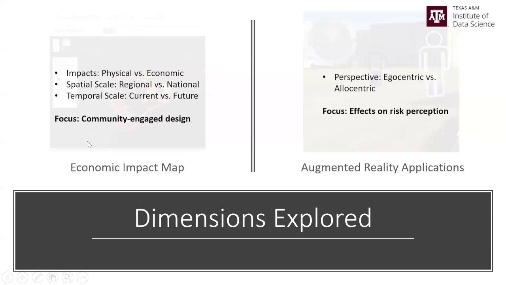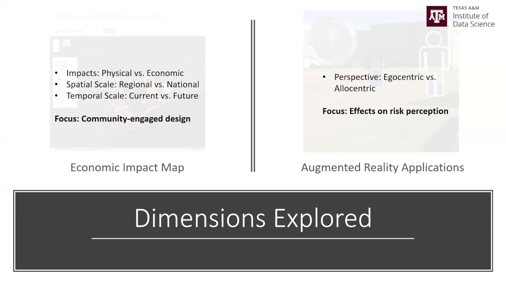All right, so the economic impact map, the focus there is really on community engaged design. It's one of the first projects where I tested out a user-centered design framework for evaluation, testing, and development of these geospatial tools. So I'll say a little bit more about that.